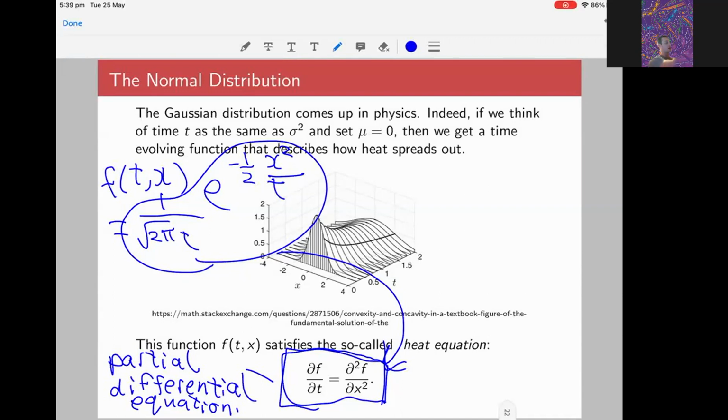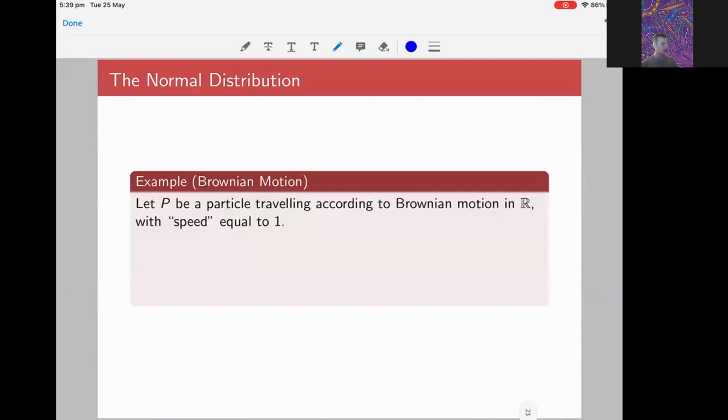Now let's talk about another situation in which the normal distribution comes up. This situation is Brownian motion, which is probably a bit more relevant for those of you who like probability theory. So the setting of Brownian motion is as follows. Well, there is a correct definition of Brownian motion.